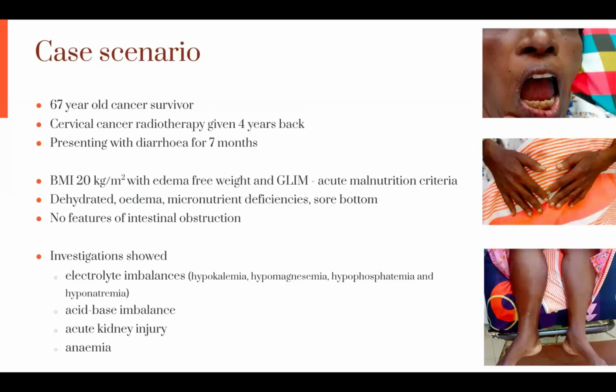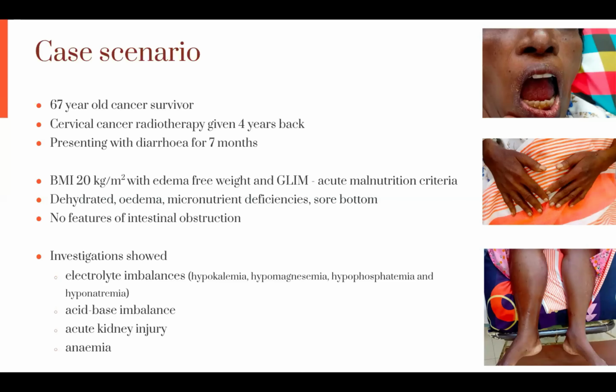I'll quickly go through this case scenario. This is a patient whom we recently managed, a 67-year-old cancer survivor. Cervical cancer radiotherapy was given 4 years back, presenting with diarrhea for 7 months. She had a BMI of 20 with the edema-free weight, and the GLIM acute malnutrition criteria were fulfilled.